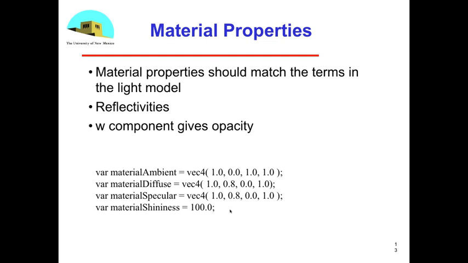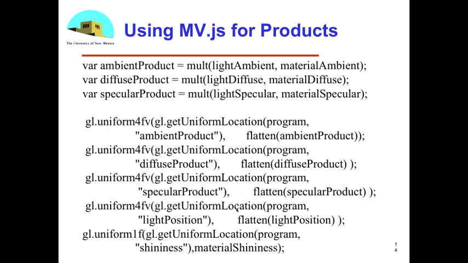Now, none of this has had anything yet to do with anything in MV.js. So let me give you a few helper functions that we've stuck in there. One is that we're always multiplying the components of the light terms with the corresponding components of the material terms. So we say, well, let's create a function that does that. Actually, we don't even need a function. We can just use the mult function that's already in there.